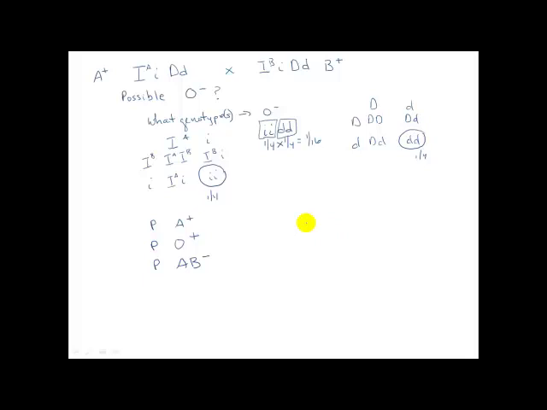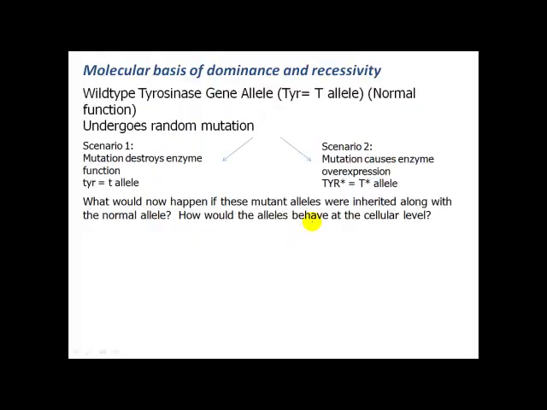So to flesh this out a little bit more, let's return to an enzyme that we've talked about before, tyrosinase, which is the animal version of our PPO enzyme that we looked at in lab. We know that the tyrosinase enzyme is responsible for initiating the pigment production pathway that occurs in skin, it occurs in hair, and leads to the production of melanin pigments that provide our skin and hair color.